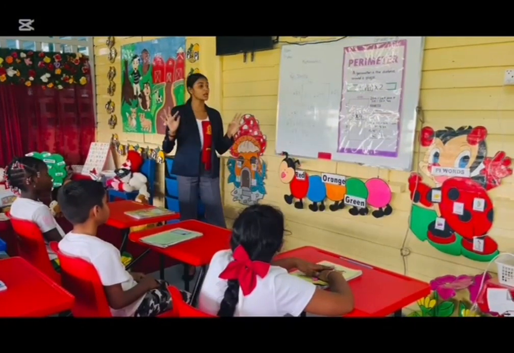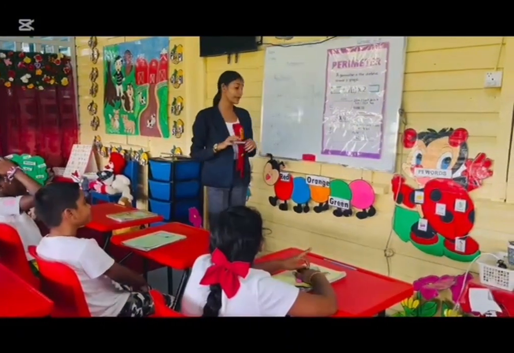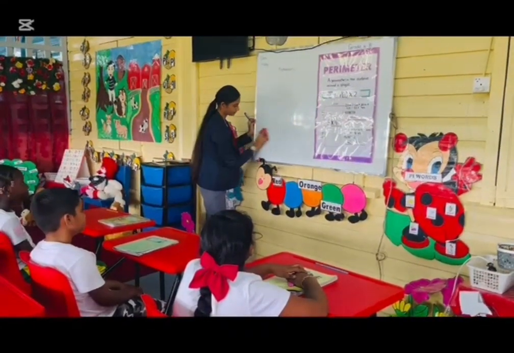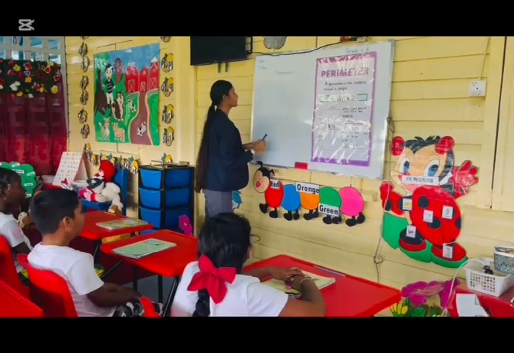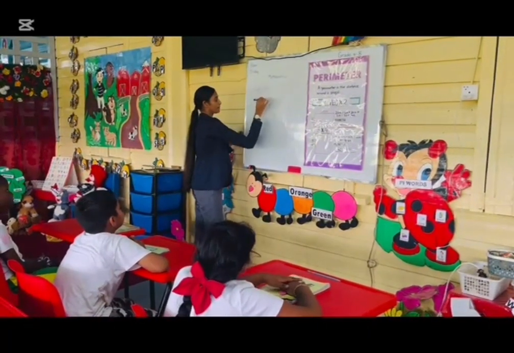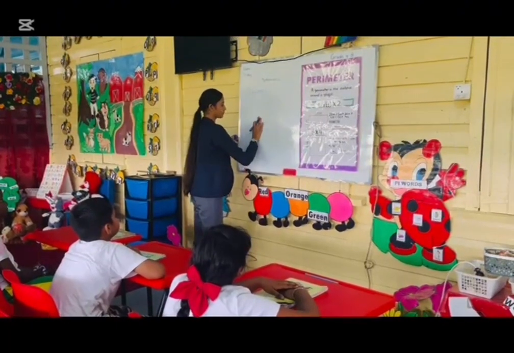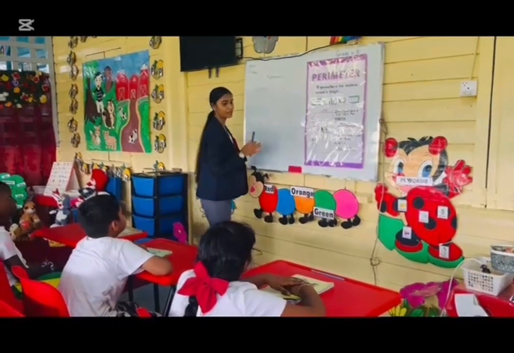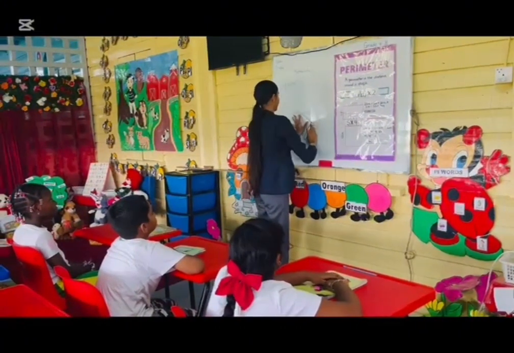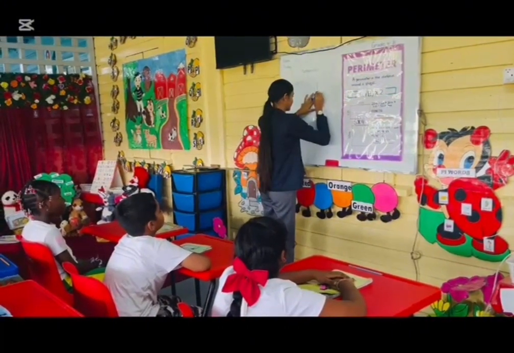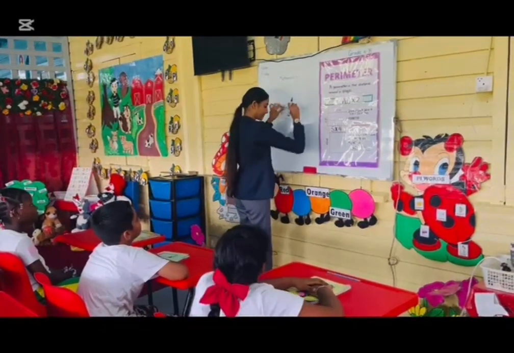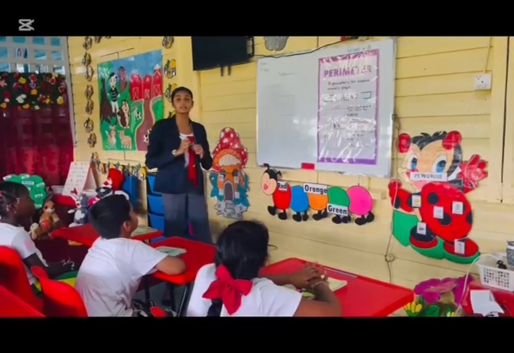Now, we have to look at finding the perimeter for a square. Now, the square on the board there.